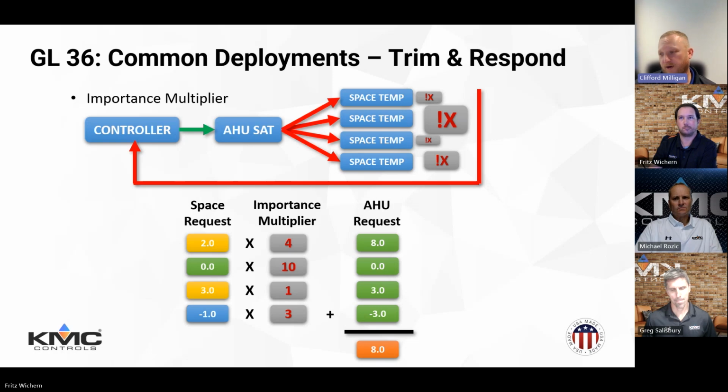The important multiplier, again, is if you have critical spaces or whatever the case may be. Let's just say they have 2 requests and their important multiplier is 4, then the requests or calls that they get up to the air handler is actually going to be 8. So playing and adjusting all these in the ASHRAE Guideline 36, all these are variable options, and they get configured and tuned in the field during the commissioning process.